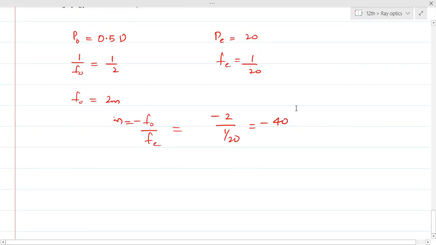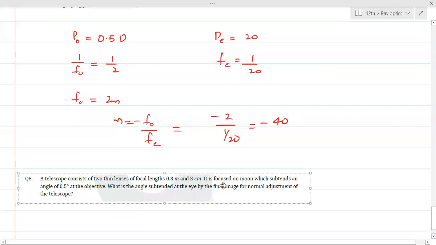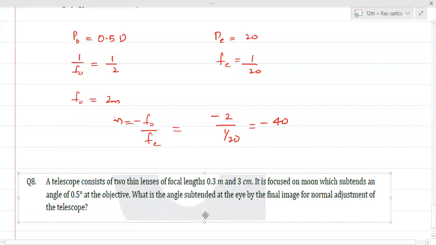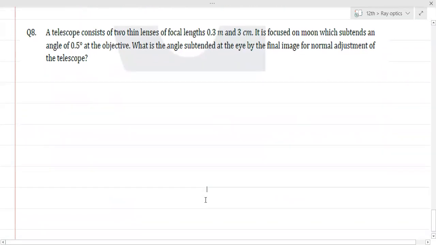Okay, then let me go into another one. One minute, we will do the Galilean telescope later. Look at this question number 8. Do this one.